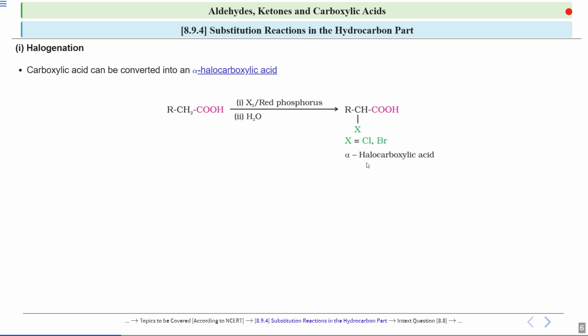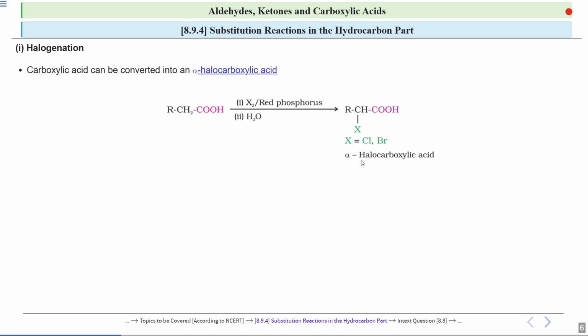The term alpha here refers to the carbon atom which is directly bonded next to the carbonyl group. If you see, this is the carbonyl group, and this is the carbon which is bonded next to it. The hydrogen of this carbon is an alpha hydrogen, and we replace this alpha hydrogen by a halogen.